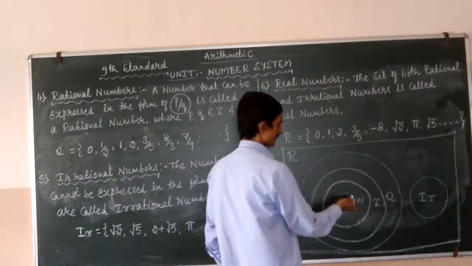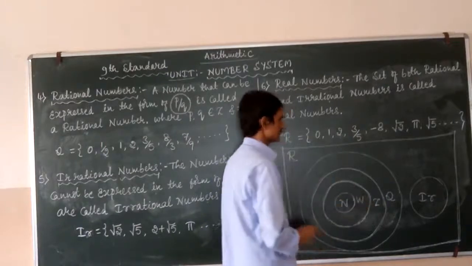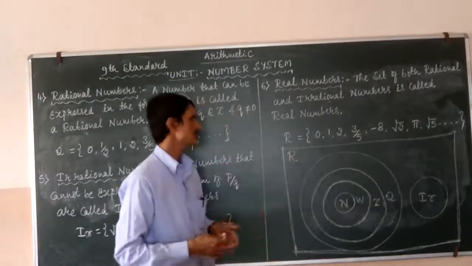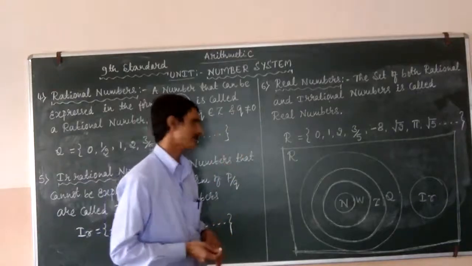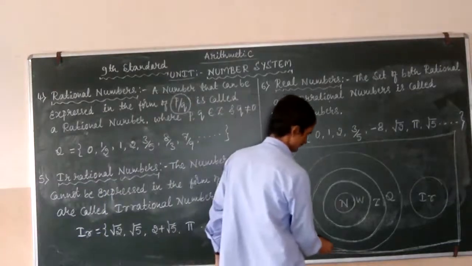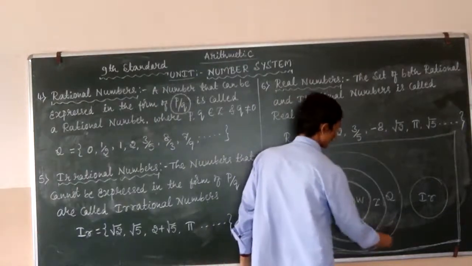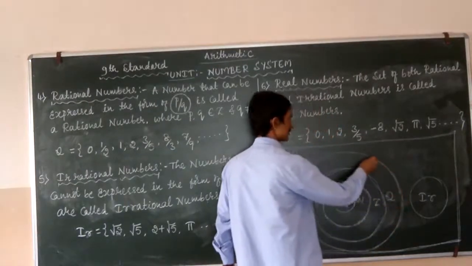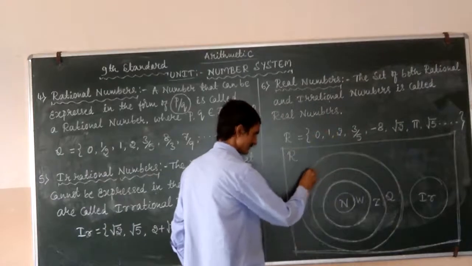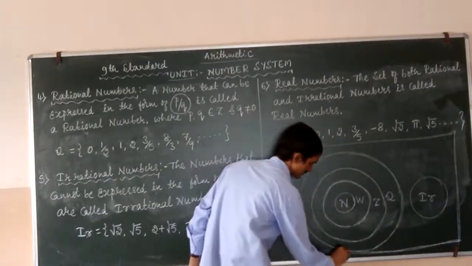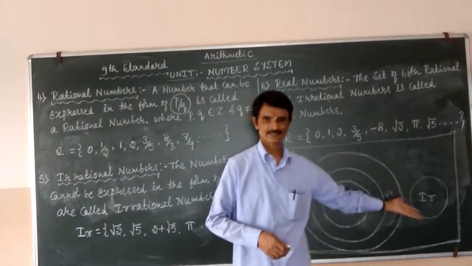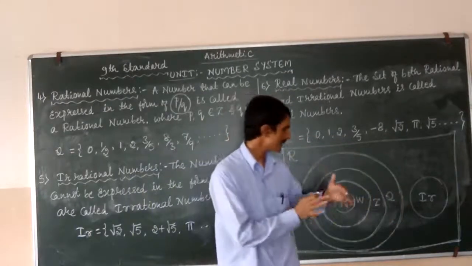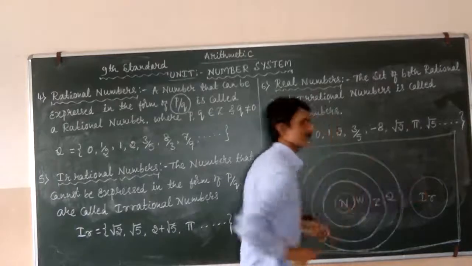If you add positive, negative, and the p by q form, they will form rational numbers. Coming to the irrational numbers, they are kept outside this group.